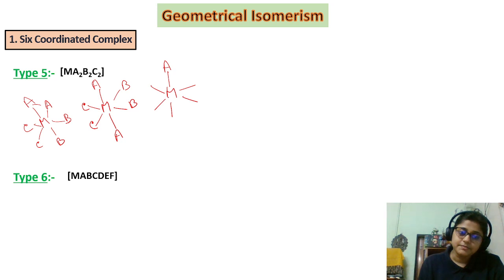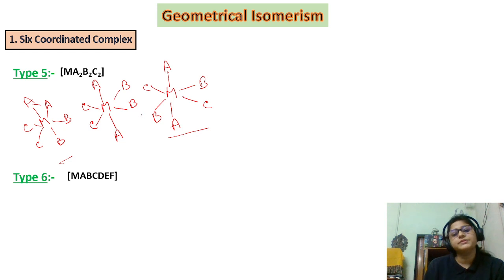Let's say A is here, right? So we can take A trans, B cis, or B can be trans, C can be trans. This is whole trans, this is whole cis. Any other possibilities? Yes, of course. Because you can see here, we have taken A as trans.